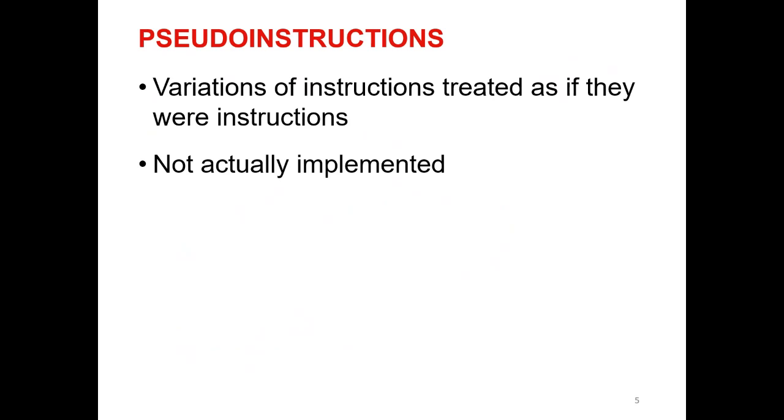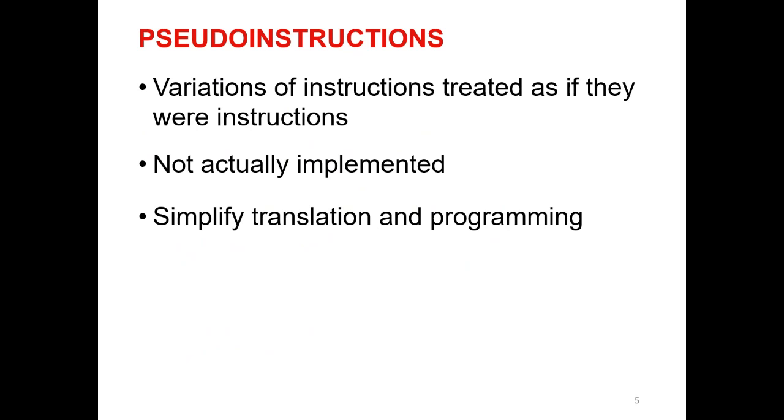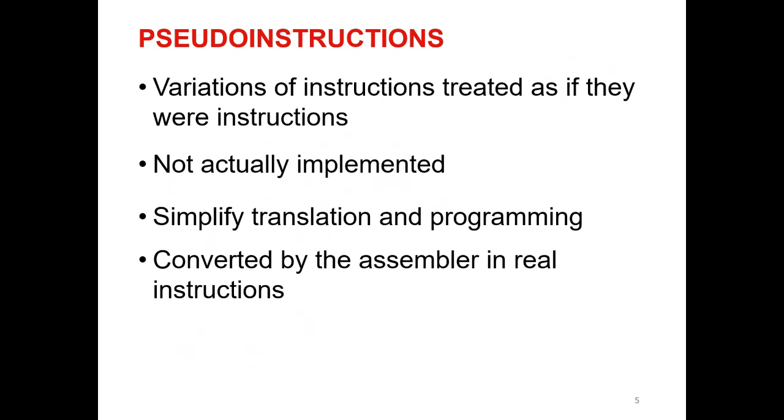What happens is that they are just converted into real instructions. As I have mentioned, the reason for this is that pseudo instructions are much simpler for us, the programmers. What actually happens is that they are converted into another instruction. Let's see an example.